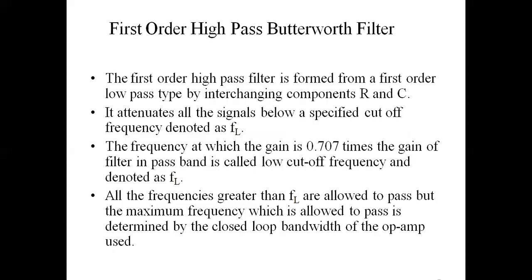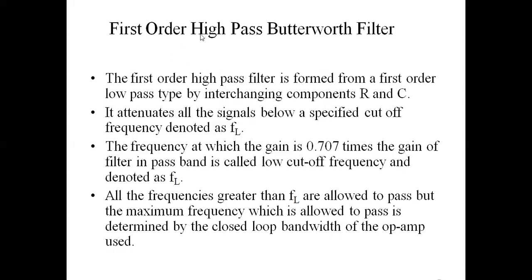Here the order of the filter is first order, which means it uses only one R and one C component, hence the name first order high pass Butterworth filter. We are going to see now how to differentiate high pass and low pass filters.